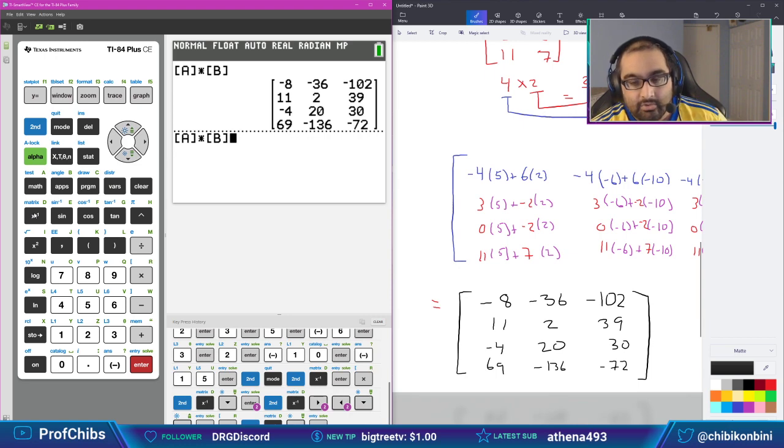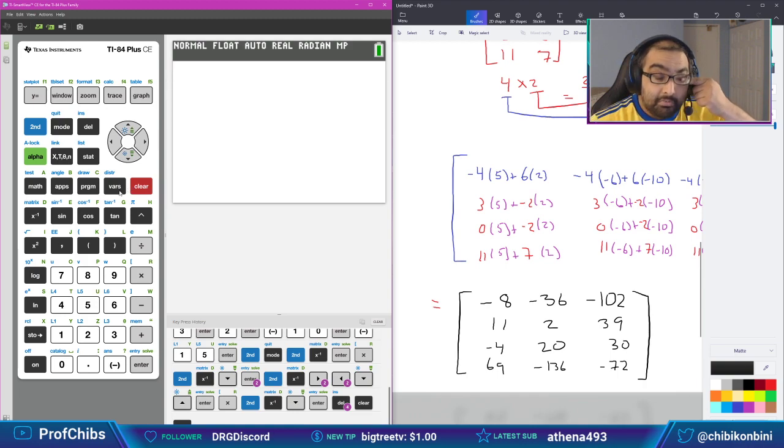There's nothing more you have to do outside of that. It's like multiplying two numbers together, only instead of two numbers, you're multiplying two matrices, one after the other. That's about it.